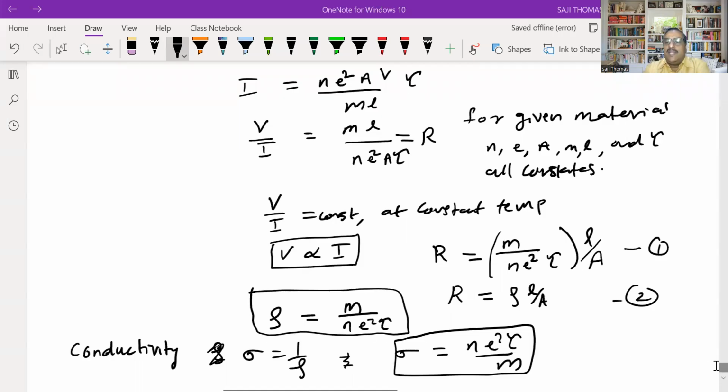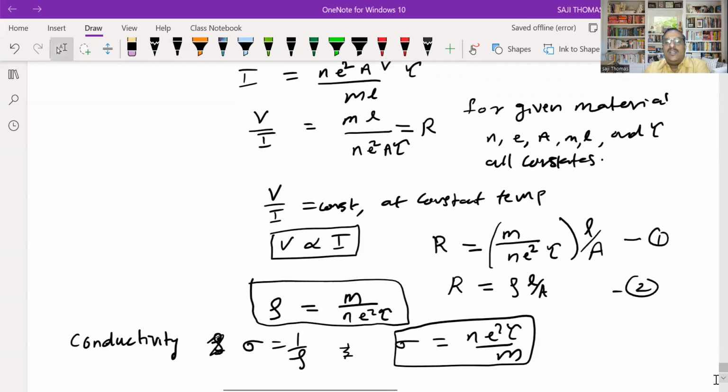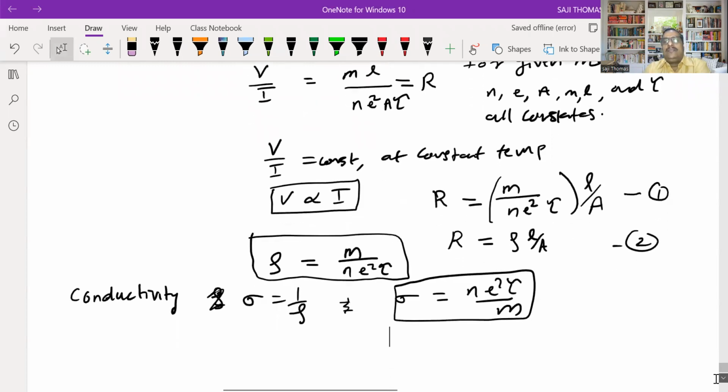So the conductivity equation is n e squared tau by m.